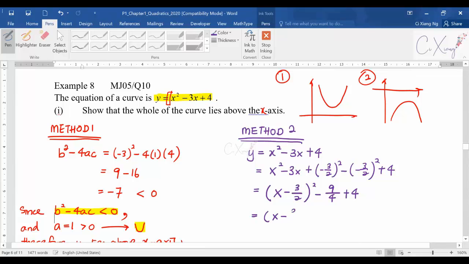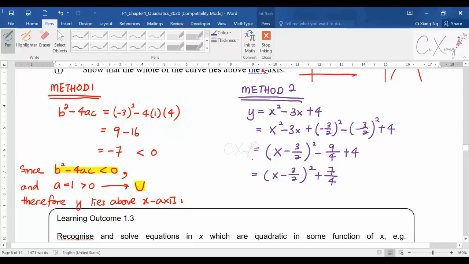And from here, I try to combine the last terms, negative 9 over 4 plus 4. So I'm having positive 7 over 4. Okay, so we are applying the completing square method.